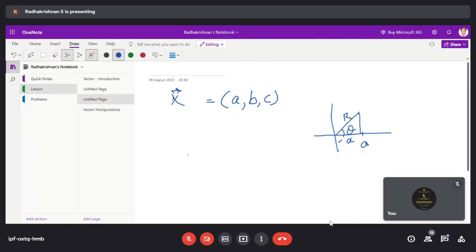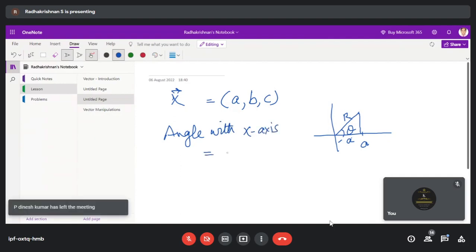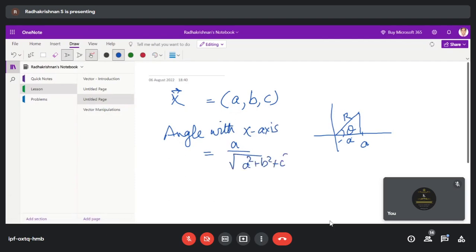So how can we represent the direction in terms of the angle made with the x-axis? Cos theta is equal to a by the square root of a square plus b square plus c square.